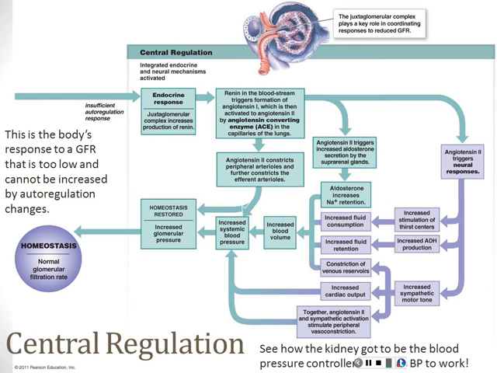So we're right here in our box and here. One thing it does is it increases TPR. Remember total peripheral resistance? Some of these things are going to come back to haunt us again for a couple of chapters here. Total peripheral resistance is the arterioles of the body, how big or how small they are.